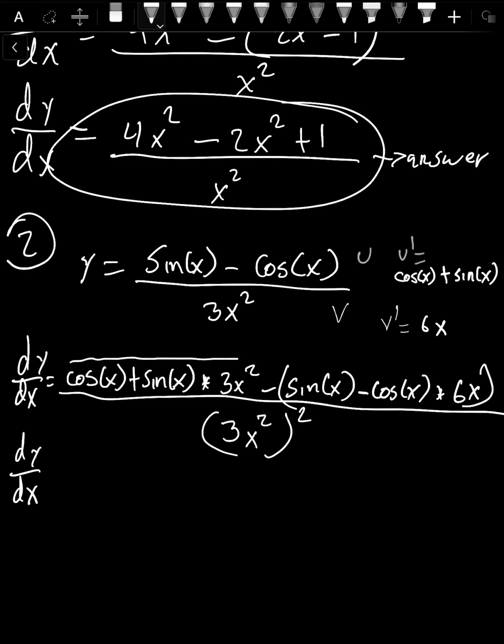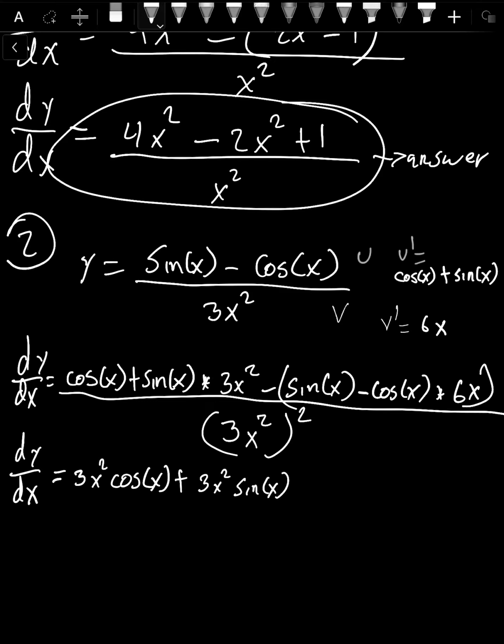So dy over dx. Let's take care of this term first. We're going to multiply 3 times cosine of x, which is going to be equal to 3x squared cosine of x plus 3x squared sine of x, right?